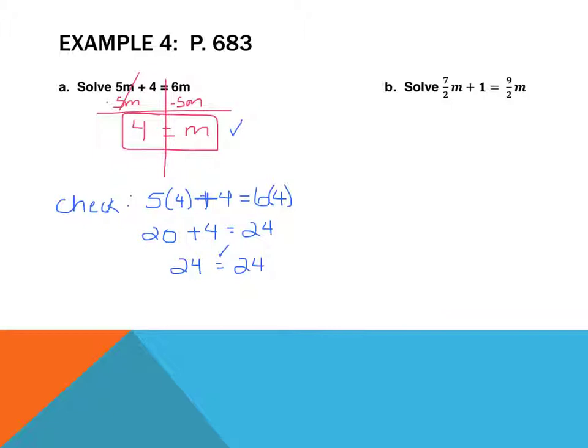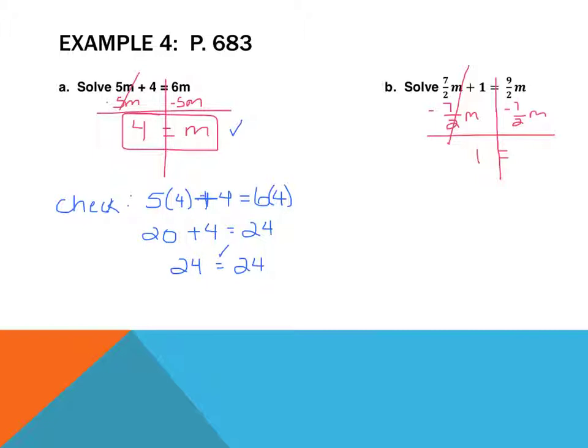On B, we have the same situation, so 7 halves m plus 1 equals 9 halves m. So I have m's on both sides, so I need to cancel it from one side. So if this is 7 halves m, I'm going to put minus 7 halves m. So I want to cancel that, and I'm left with just 1.